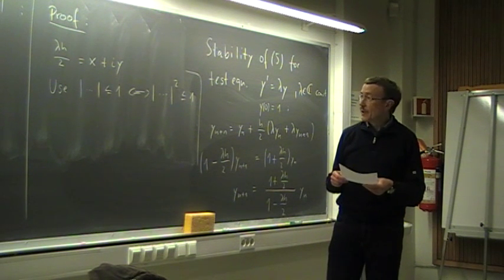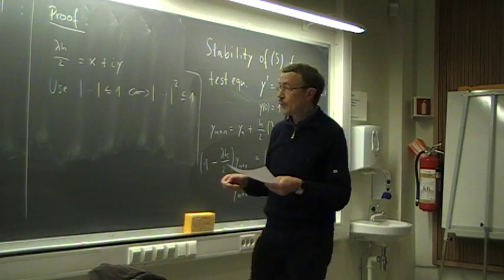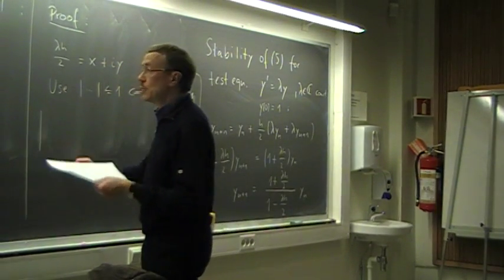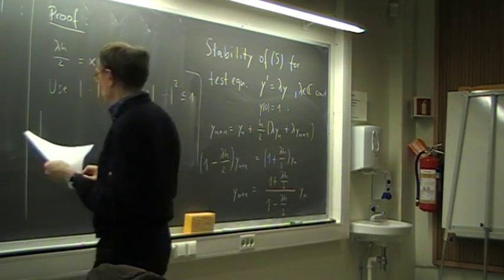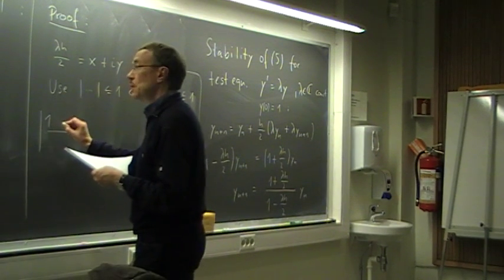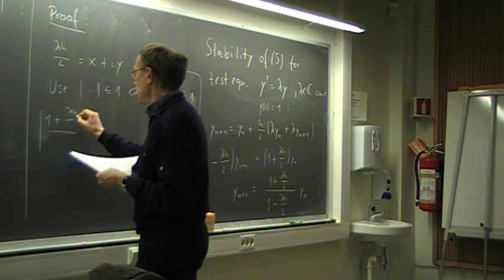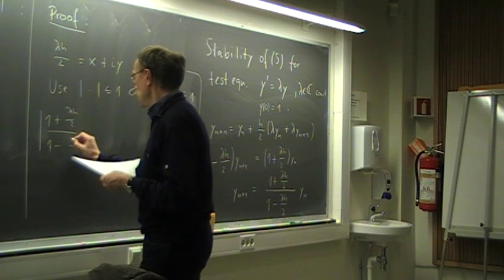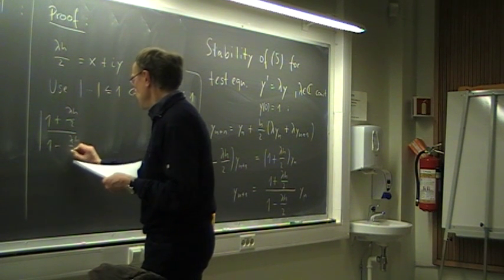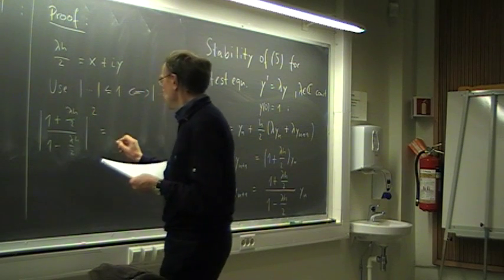So let us see how that works. So now we look then for the absolute value of this squared. So then we have the absolute value of (1 plus lambda h half) divided by (1 minus lambda h half) to the power 2.